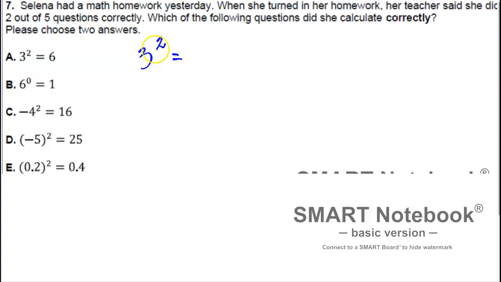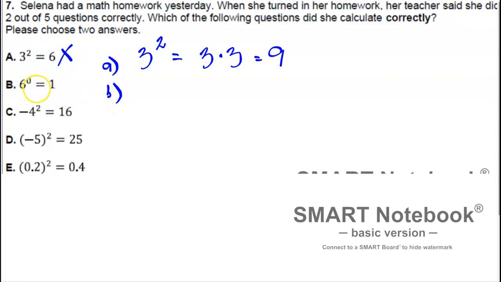And this is saying, hey, go ahead and multiply this base times itself this many times. So there's the base times itself twice. Which means this one is wrong. All right, now let's go to B.